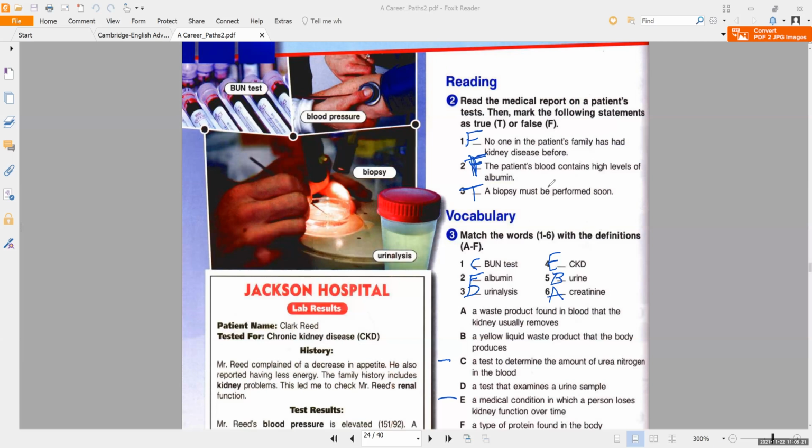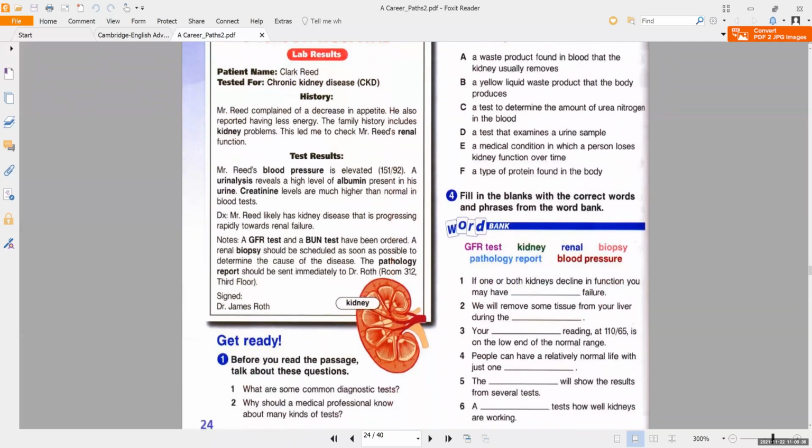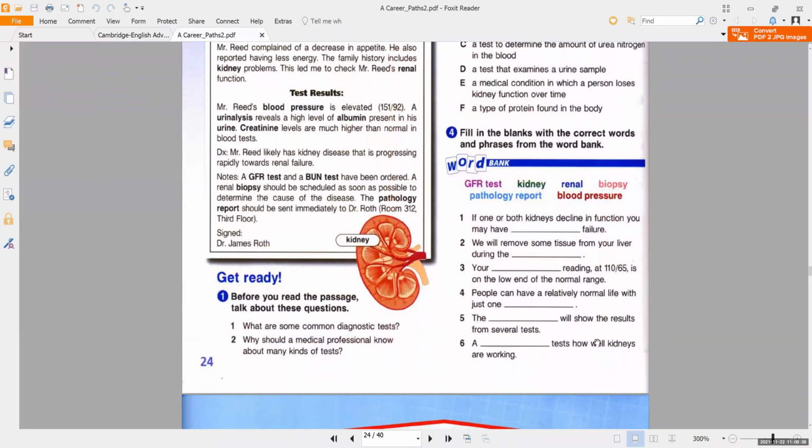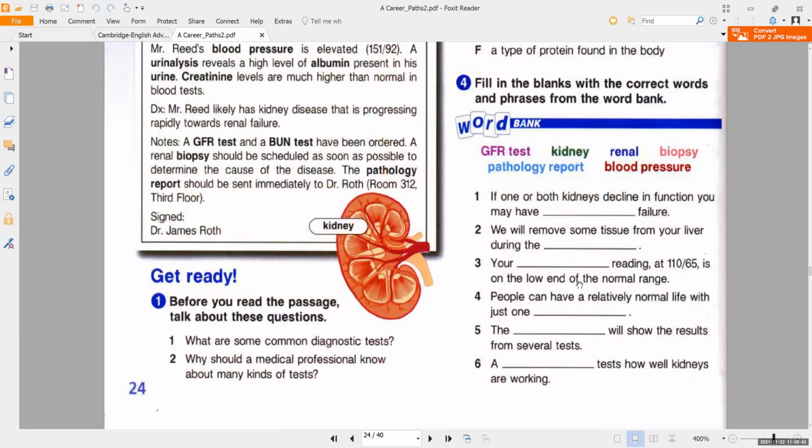Okay, so these are the definitions, and as I said, you always have to know the meaning of every single one of these words, because these are the things related to your language development in the medical field. Now we have this list of words: GFR test, kidney, renal, biopsy, pathology report, and blood pressure, and we have to fill the gaps with them.